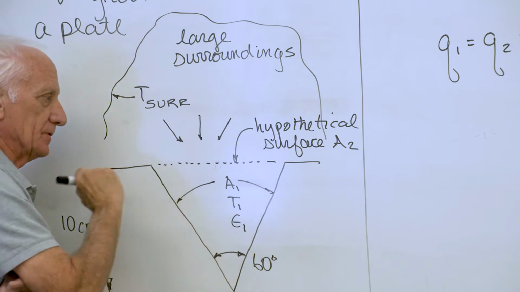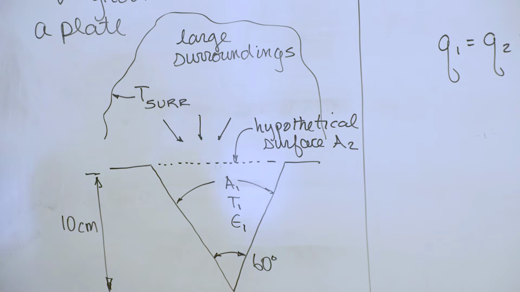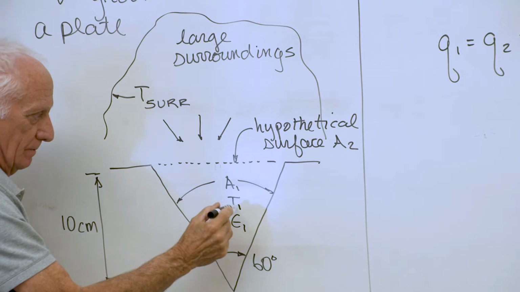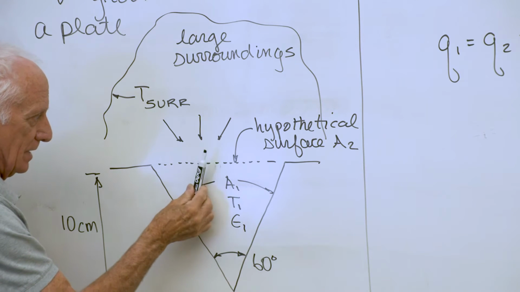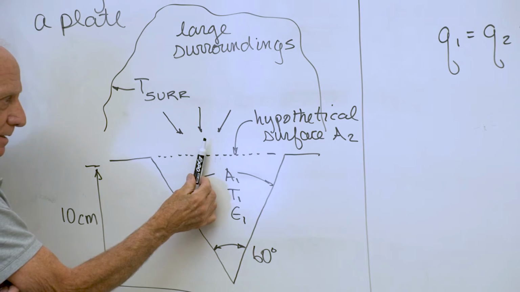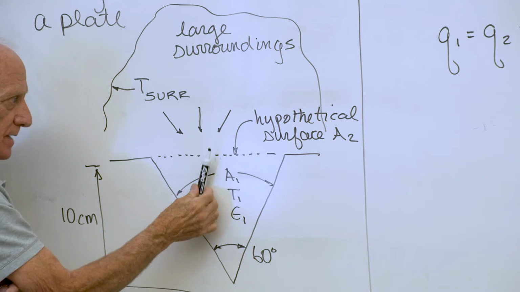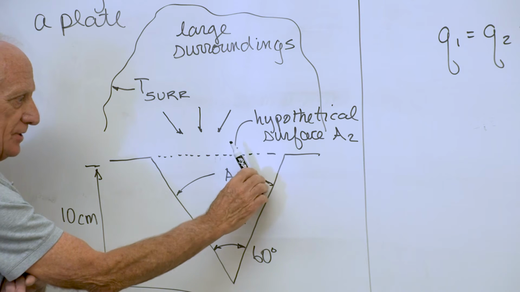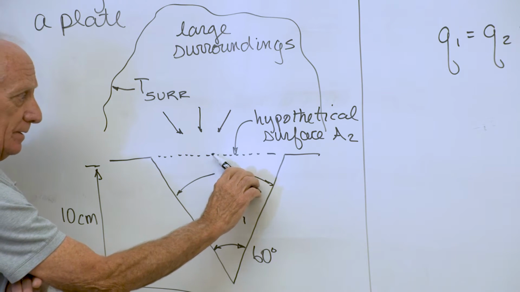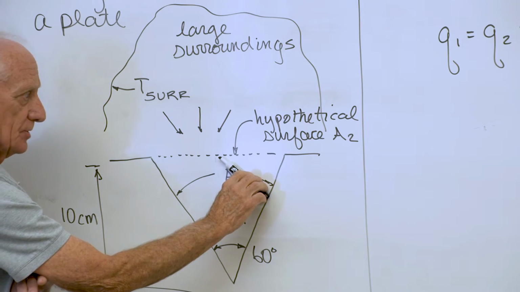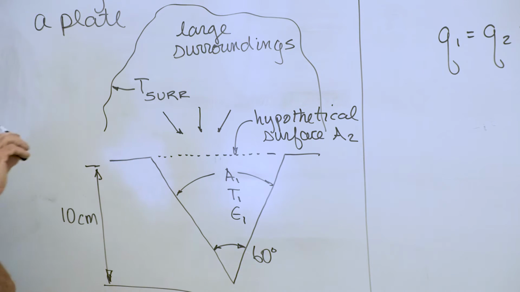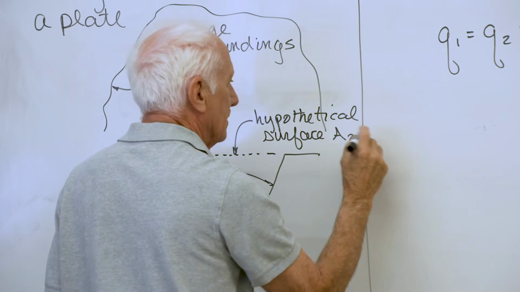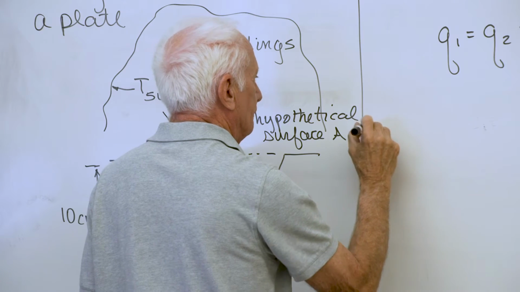We model this surface as if it were a black surface. All the radiation leaving surface 1 that goes up this way, it's like it's all absorbed. Over here, radiation leaving this side, when it gets to that dashed line, it looks like it just is all absorbed. If it's all absorbed, that means it's a black surface. So we model that hypothetical surface as if it's a black surface. I'll put a note here.